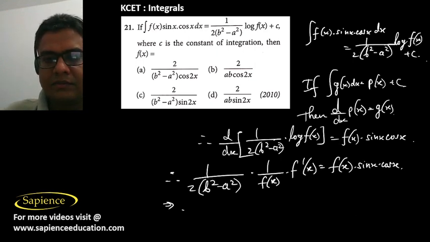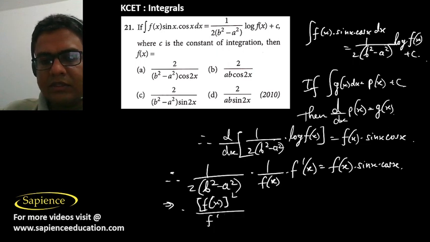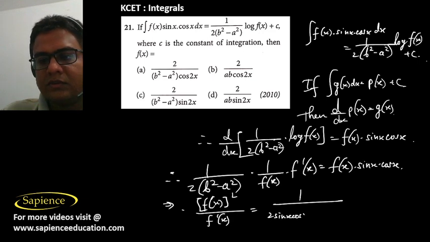So it means that from here we see that f of x whole square divided by f dash x is equal to 1 by 2 sin x cos x into b square minus a square, which is equal to 1 by b square minus a square into sin 2x.